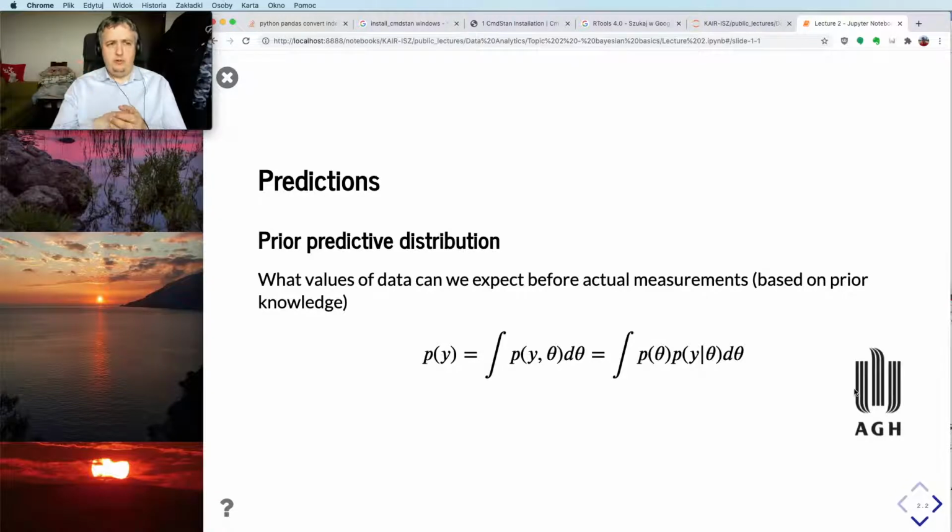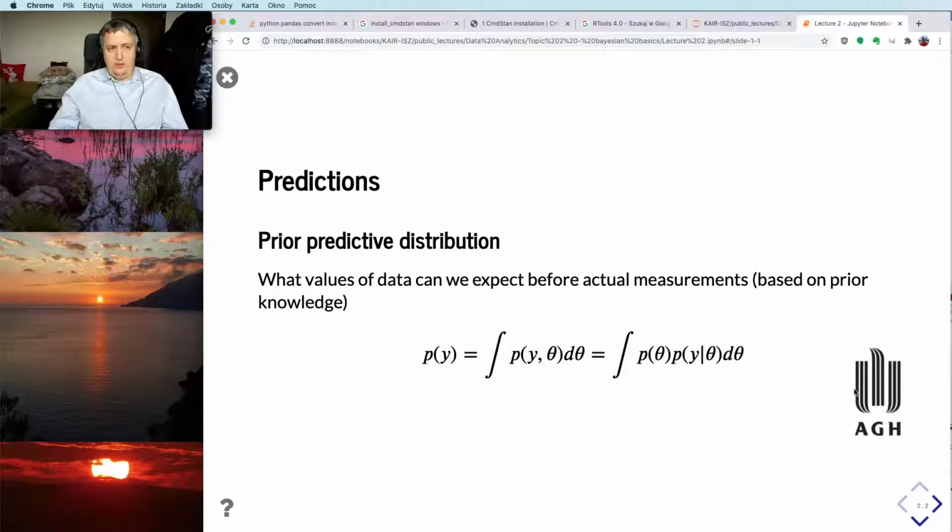For example, we want to analyze the temperature inside a house, but it's influenced by the temperature in multiple rooms and the temperature outside of the house, and we are not interested in those parameters. We're interested in one concrete temperature, and that's why we want to remove all those parameters. And generally, in Bayesian statistics, we'll be doing stuff like that.